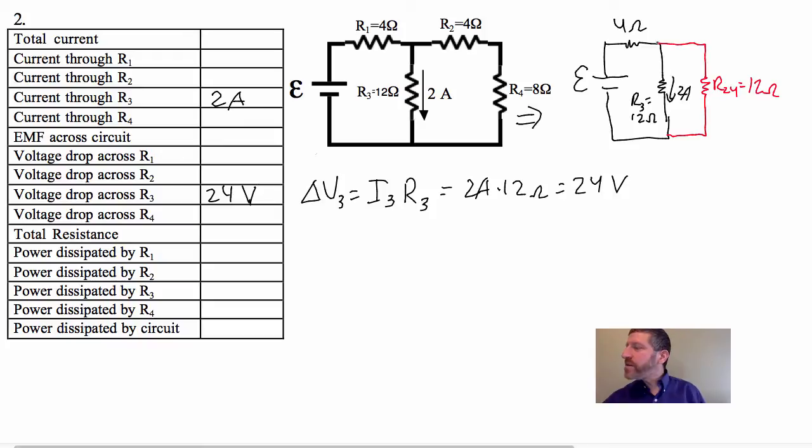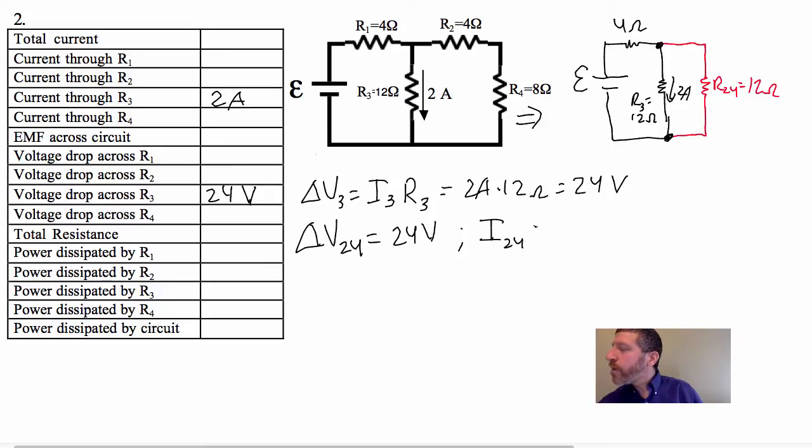Now, what else do I know? Well, hey, R3 is in parallel with R24. So I know that delta V across R24 is also equal to 24 volts. That will allow me to figure out the current through R24, which is delta V across R24 divided by R24.